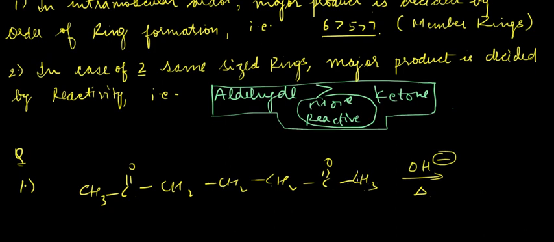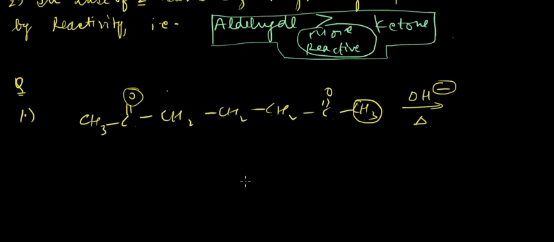Yes, it is there. When this CH2 minus attacks on this carbonyl, we get a six-member ring here with a double bond, a double bond O, and CH3 here. So this would be the major product.